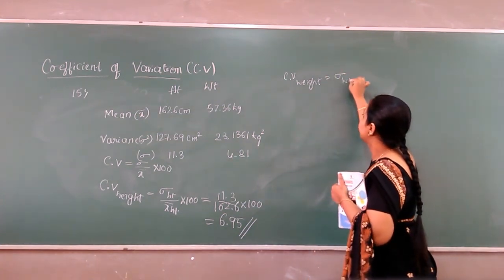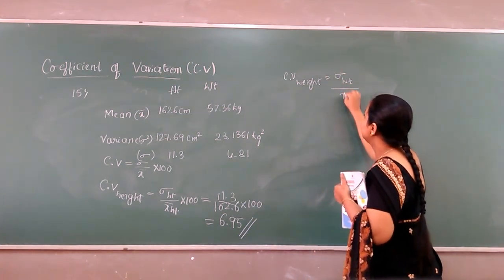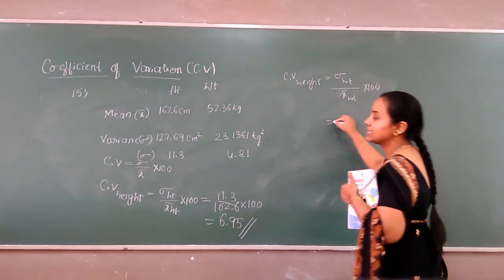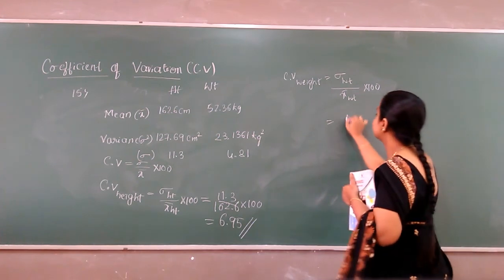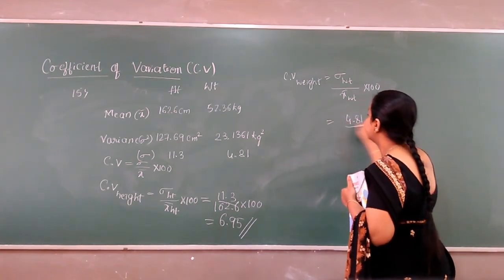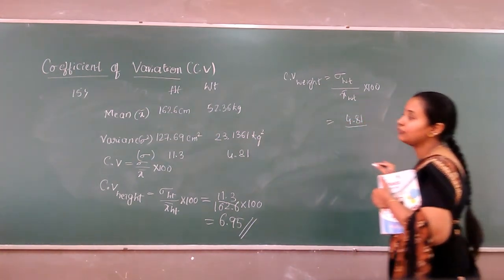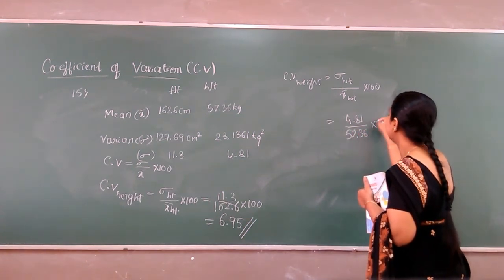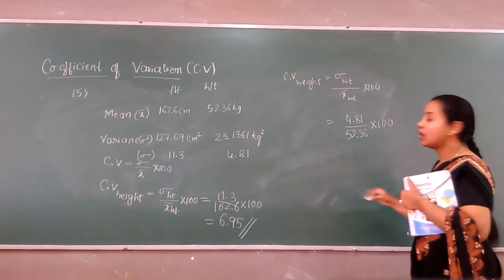Same way, we will calculate the coefficient of variation for weight, which is equal to standard deviation of weight divided by mean of weight into 100. What is the standard deviation of weight? It is 4.81 divided by, what is the mean of weight? It is 52.36 into 100.